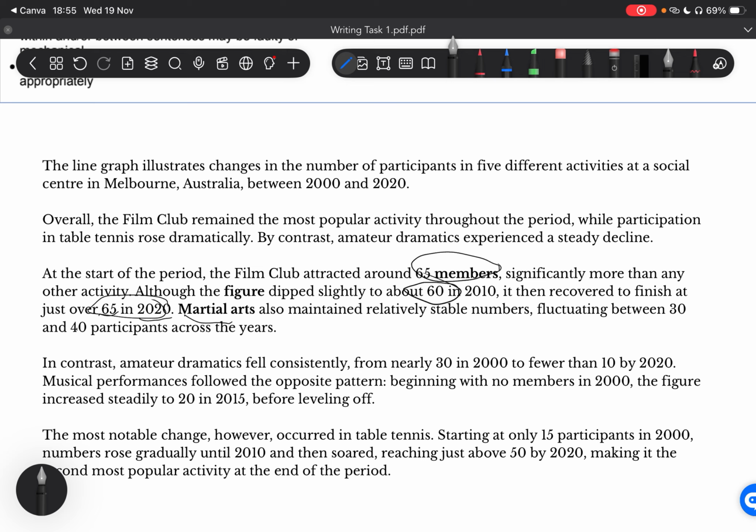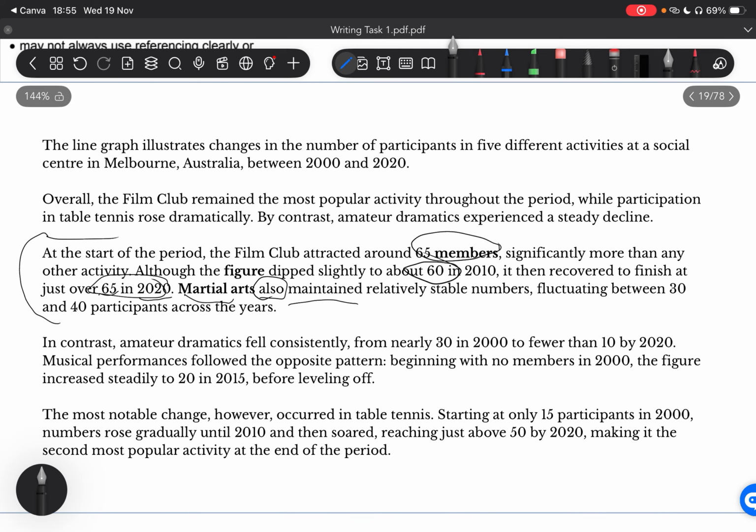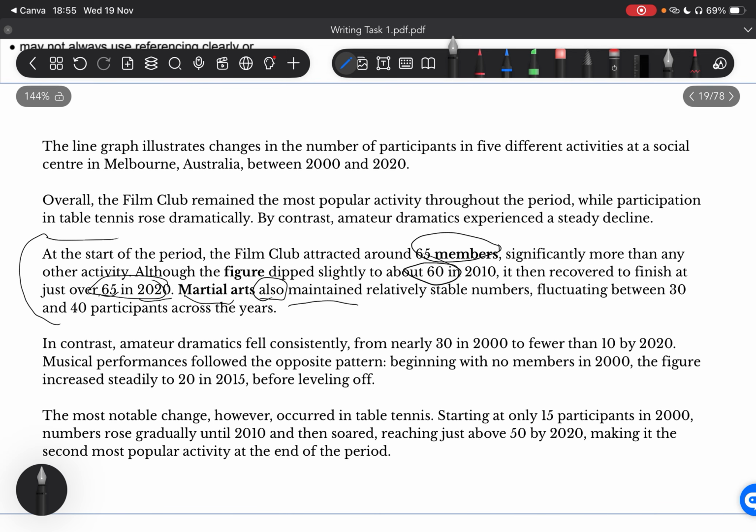What about martial arts? Martial arts also maintained, so also we are comparing, we are connecting similar patterns. This whole paragraph was about the first two, actually. This grouping was done in a way that it took martial arts and film clubs into one paragraph because they have similar patterns.